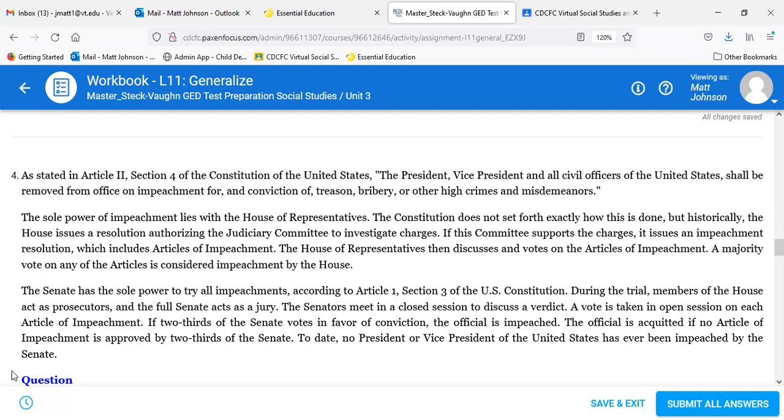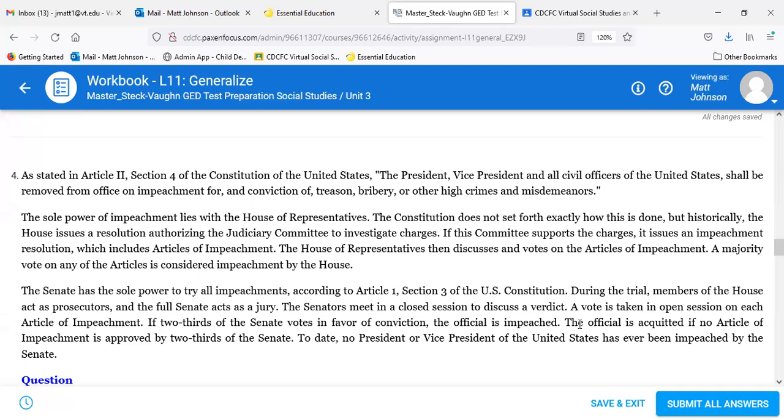The senators meet in a closed session to discuss a verdict. A vote is taken in open session on each article of impeachment. If two-thirds of the Senate votes in favor of conviction, the official is impeached. The official is... please, what's that word?